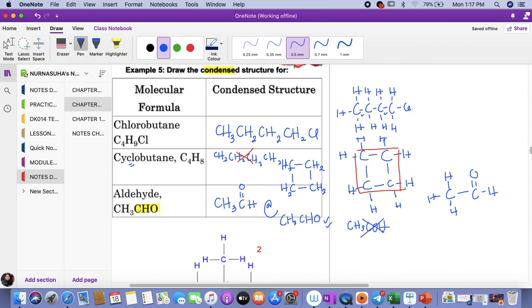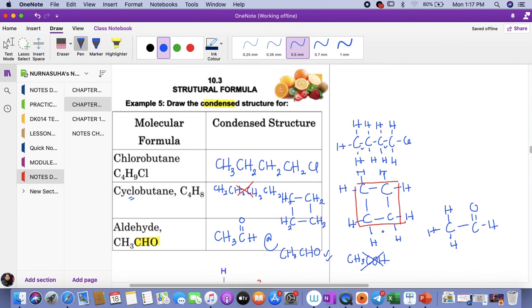For aldehyde, the atom arrangement is CHO. So basically that's for condensed.